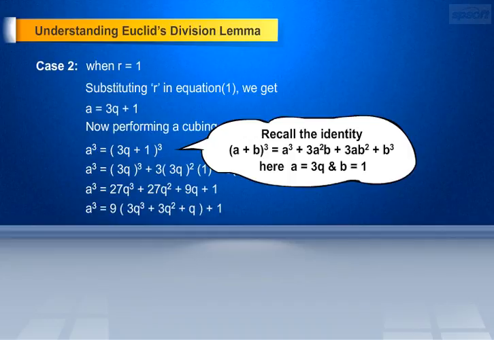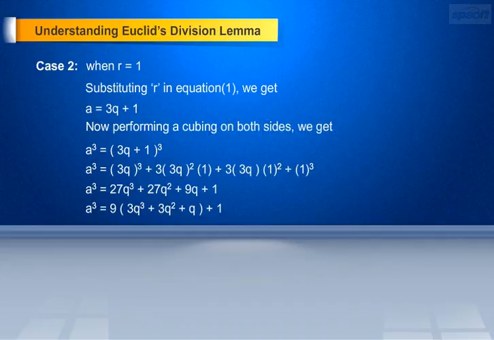Here a equals 3q and b equals 1. a cube equals (3q) whole cube plus 3 into (3q) whole square into 1 plus 3 into 3q into 1 square plus 1 cube. a cube equals 27q cube plus 27q square plus 9q plus 1. a cube equals 9 into (3q cube plus 3q square plus q) plus 1. a cube equals 9m plus 1, writing m equals 3q cube plus 3q square plus q.